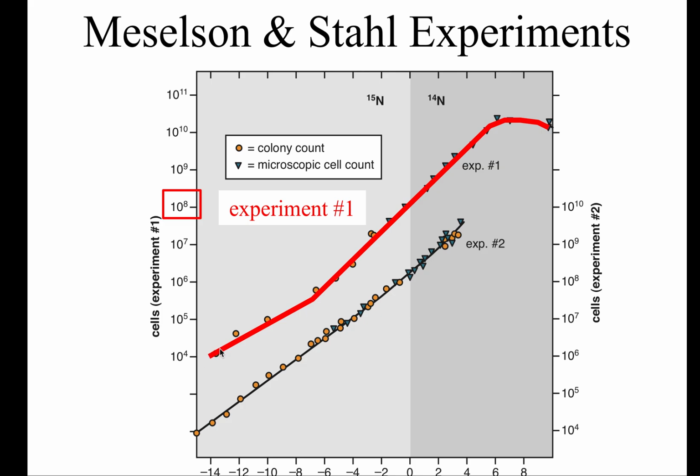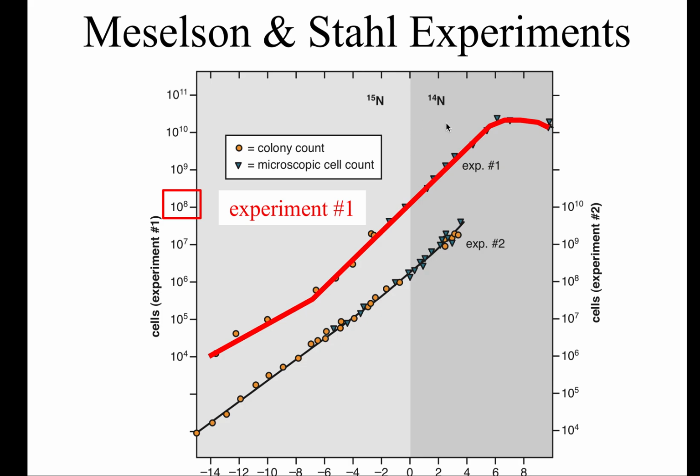So if these bacterial cells are replicating, there's more and more cells in the experiment. At a certain spot, they said, okay, you've been using heavy nitrogen, now we're going to switch to light nitrogen, and we're going to look at what your DNA looks like. So these ancestor cells would be made up of DNA with heavy nitrogen.